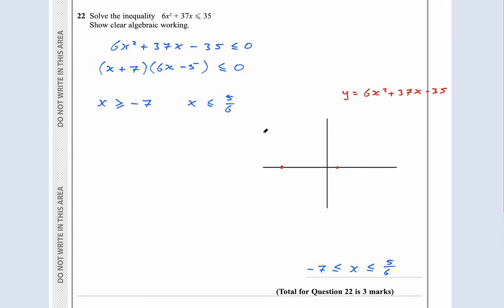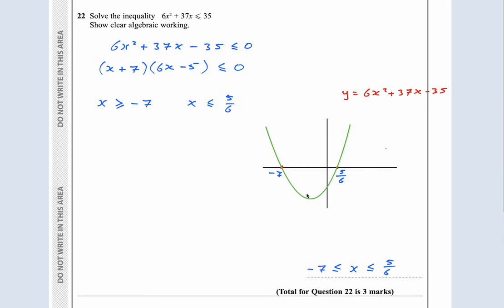And what would happen is it's a positive quadratic, so the quadratic would come down like this, turn there and go up like this. Okay, that's my quadratic. This is 5 over 6, and this is -7.